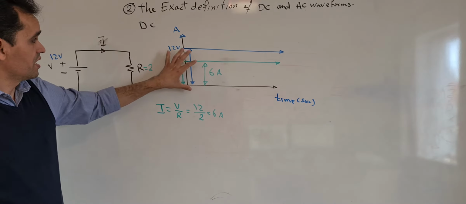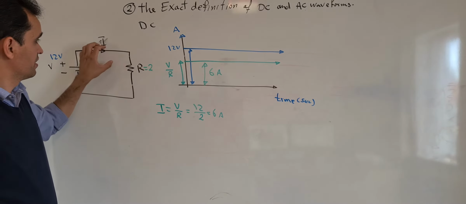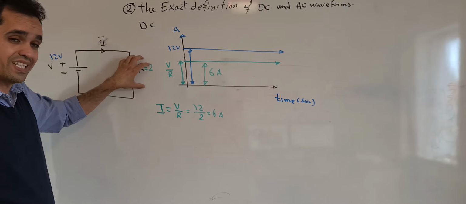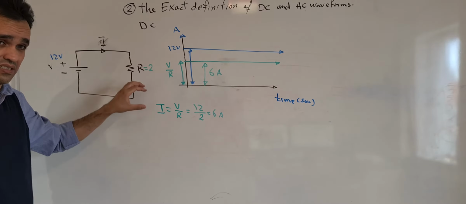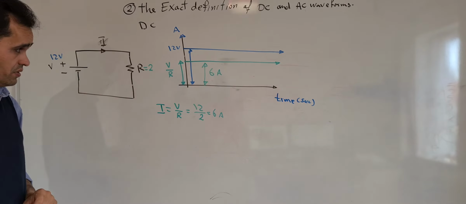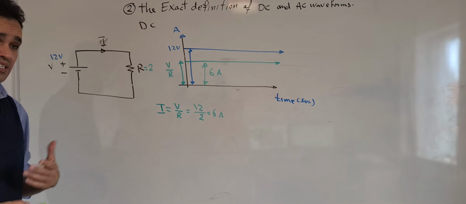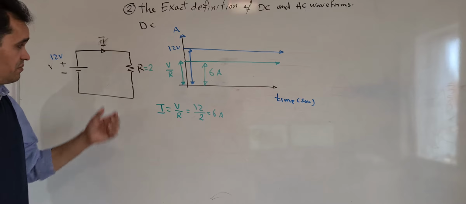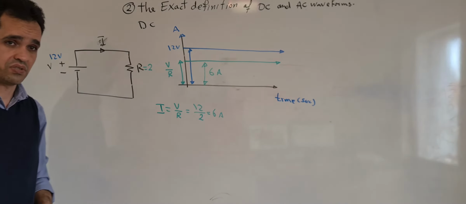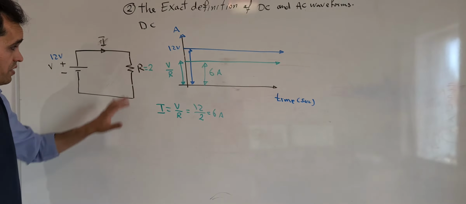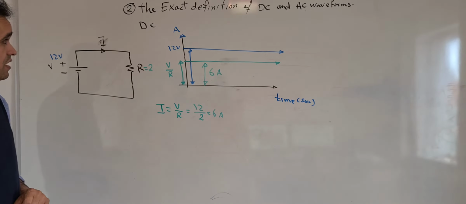Now, if I have a resistor or capacitor or inductor, we call it a linear load. If I have a non-linear load, does the behavior remain the same or not? That's what we will do in the future. Okay. So that's now the behavior of a DC circuit.